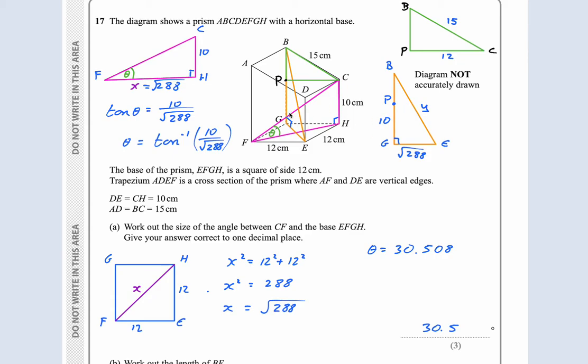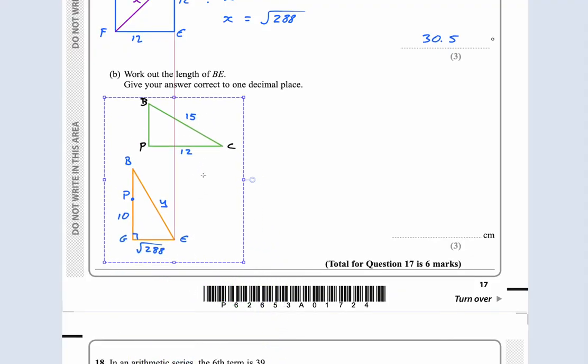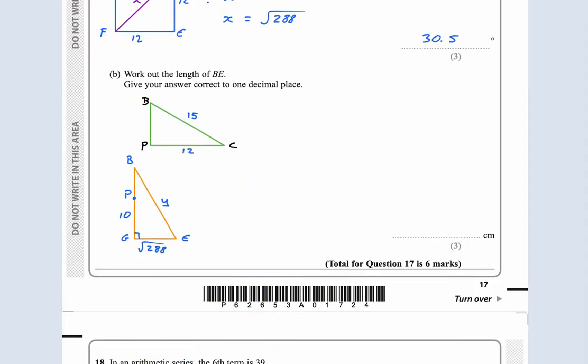So from G to P is 10, but I need to find the rest of this PB. So once I find PB here, I can then find Y here. So yeah, pretty horrible question. And I'm going to now move all this down, guys, because now I have all the information here.